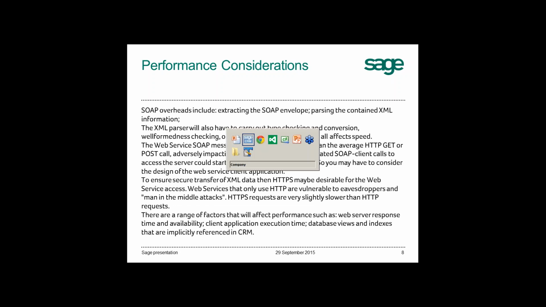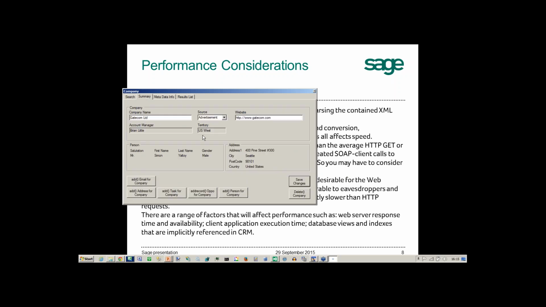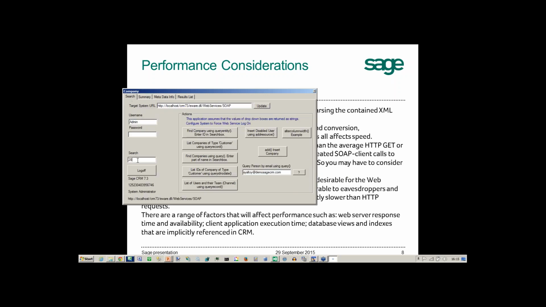But have a look at this example. If I put 28 in here and retrieve an individual company, we can see that this is very fast. If I change this to be the letter A and now use the idea of a search looking for companies of type customer but with that name, so companies which begin with A, what we'll find is that it'll take me a little while before the data is returned.